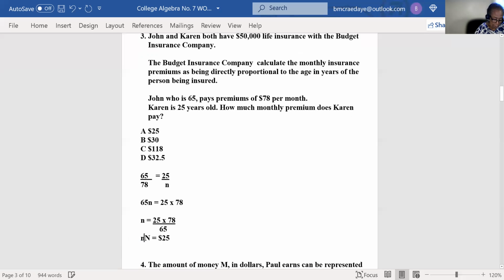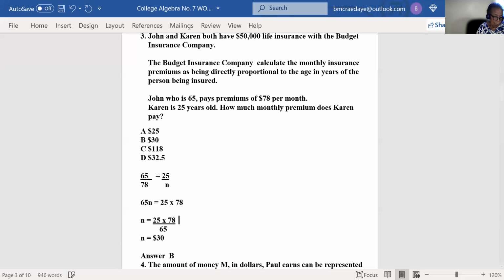Small n. So the answer, what is the 25? Oh, I'm sorry. It's not 25, it's 30. So the answer is B. Now, 25 times 78, let me just multiply that out. 25 times 78, that's 1950.